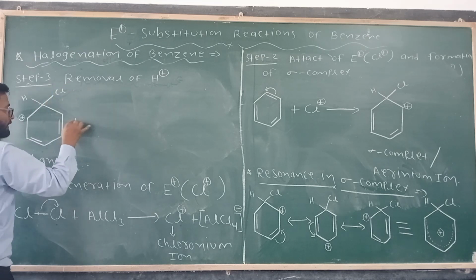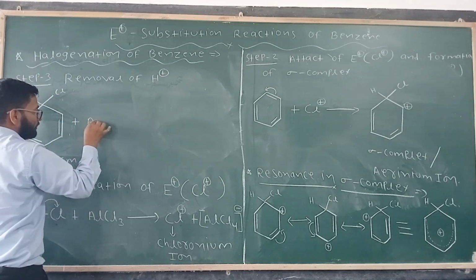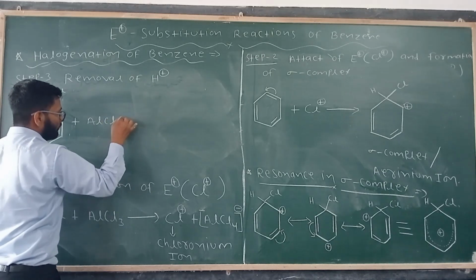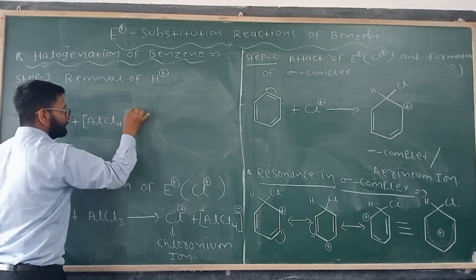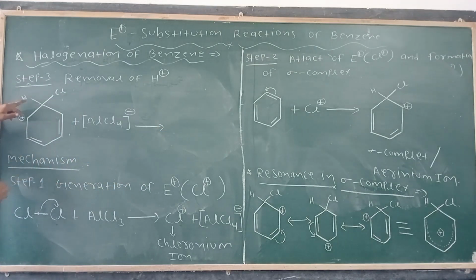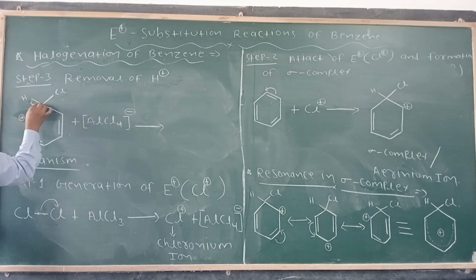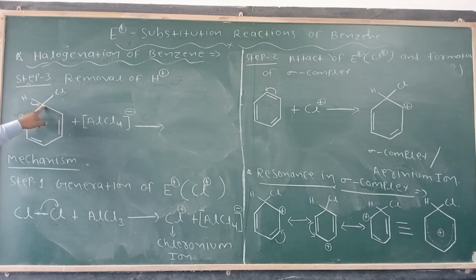Now, AlCl4 minus works here. This hydrogen is removed as a proton, and it donates both of its electrons to this carbon. Now, a negative charge is acquired by this carbon and a double bond forms between this and this carbon.